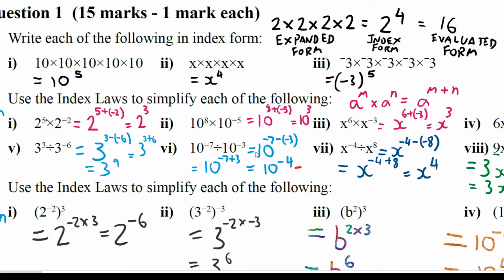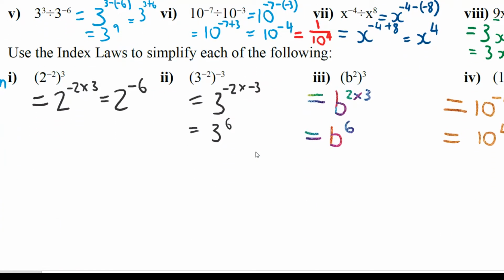My final answer was 10 to the negative 4. Now that's the same as 1 over 10 to the 4. Okay, so this is using the next index law, which is index law 4. 1 over a to the n equals a to the negative n. All right. So 10 to the power of negative 4 is 1 over 10 to the 4.